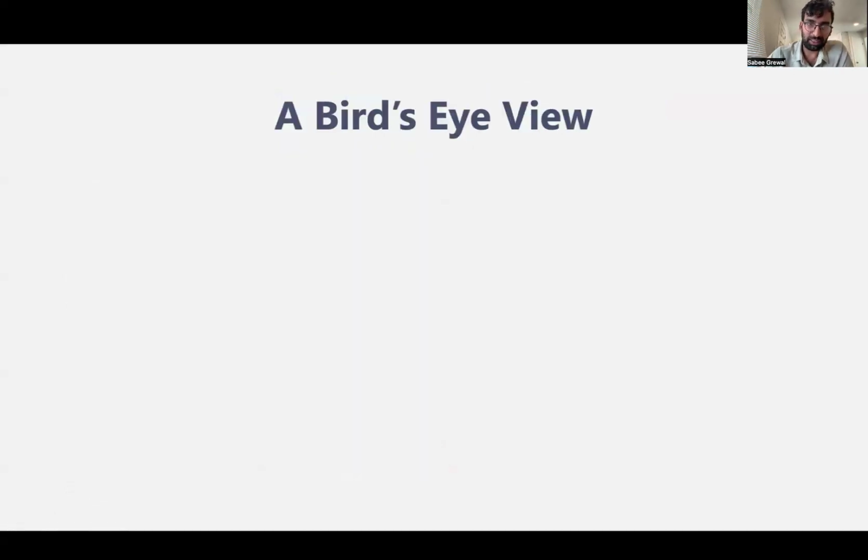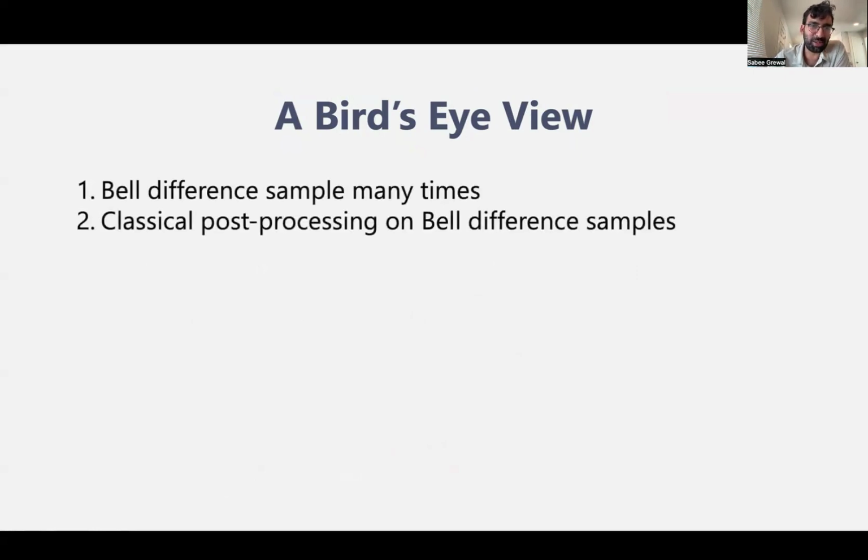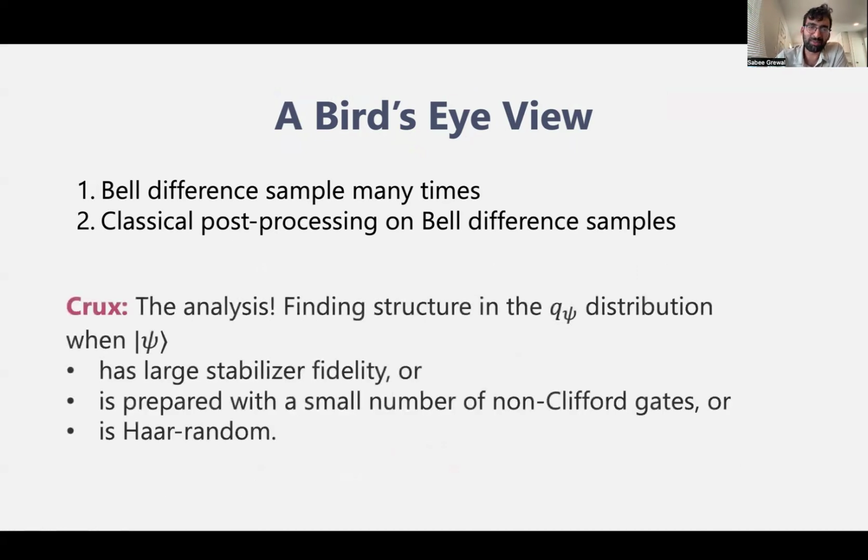Okay, so I'm going to give a bird's eye view of how all of our algorithms work. It actually breaks down into just 2 steps. You Bell difference sample many times, and then there's some classical post-processing you do on the Bell difference samples. All of our algorithms follow this structure, and the crux of what we do is really in the analysis.